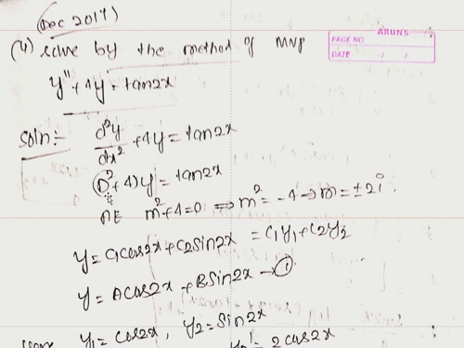The auxiliary equation is m square plus 4 is equal to 0. That implies m square is equal to minus 4. Take the square root on both sides: m is equal to plus or minus the square root of minus 4, which is 2i. Therefore m is equal to plus or minus 2i.